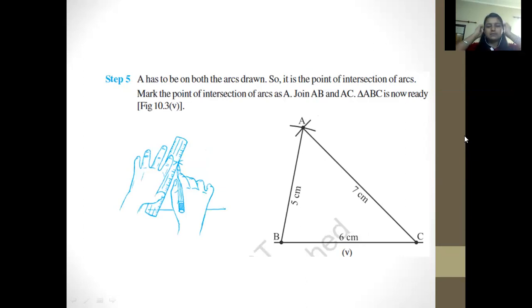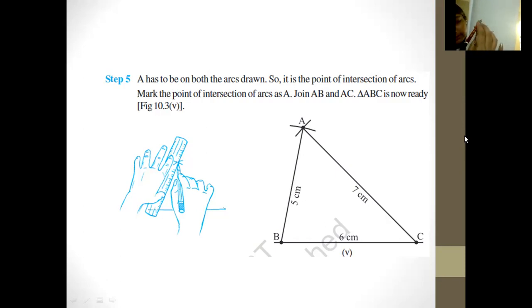Now you can notice that we can use another length, that is 7 centimeter. This is another case. In this case, I have used 5 centimeter on the other side also, isn't it? But while keeping it on C, you can open this arm towards 7 centimeter also, like this.